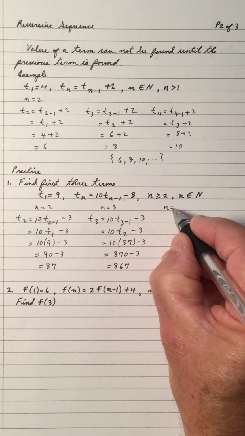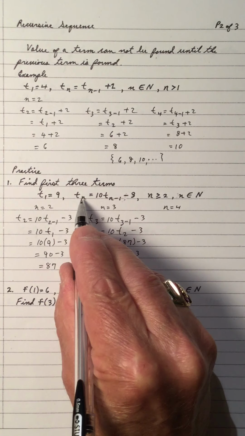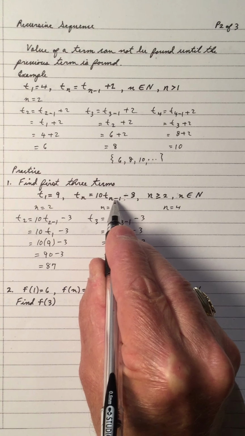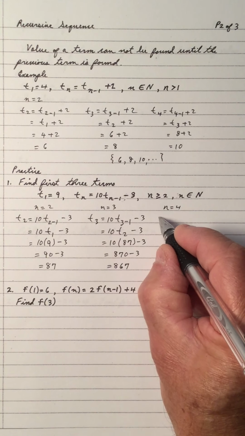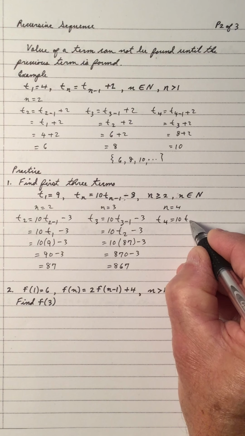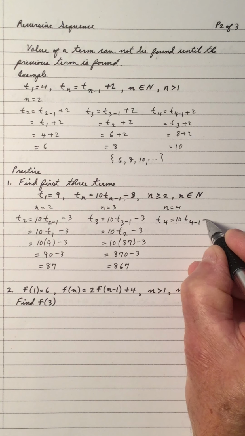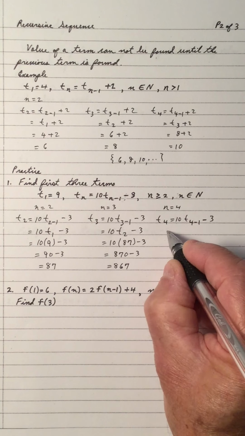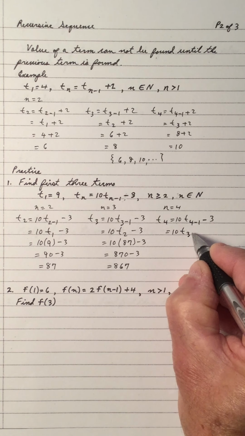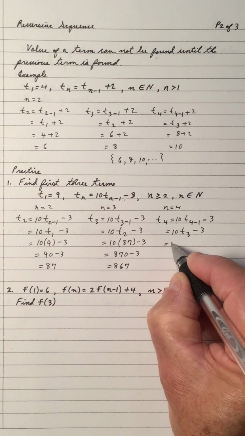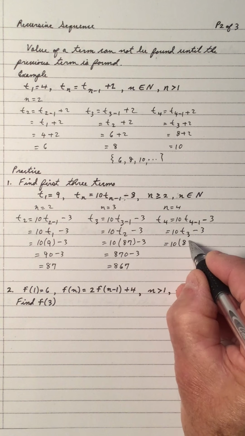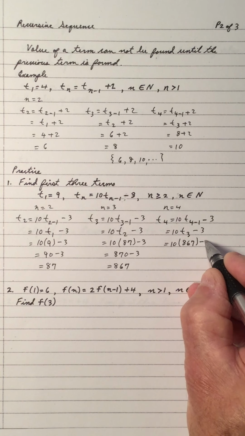And we'll do one more. Let's do n is 4. To get T4, 4 minus 1 is 3. I need T3, which I have. So T of 4 is 10 times T of 4 minus 1, subtract 3. 4 minus 1 is 3, and the third term is right here, 867.